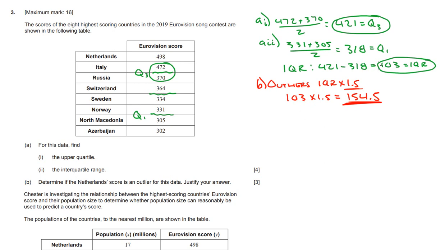So we're going to take the lower quartile, quartile 1, 318. So we do 318 minus 154.5. And then we're also going to take quartile 3, the upper quartile, 421, and add 154.5. That's going to be the boundaries for our outliers.